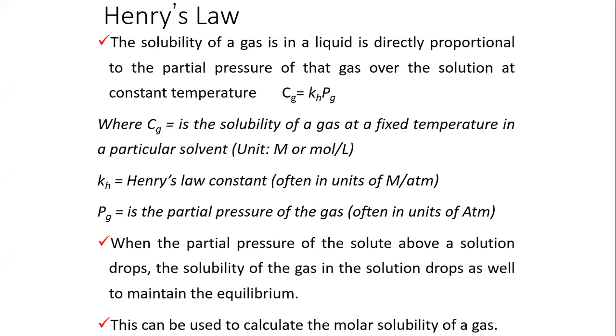So we have the relationship again here, where C gas, the solubility of the gas, equals KH times PG, where KH is Henry's law constant and PG is the partial pressure of the gas.